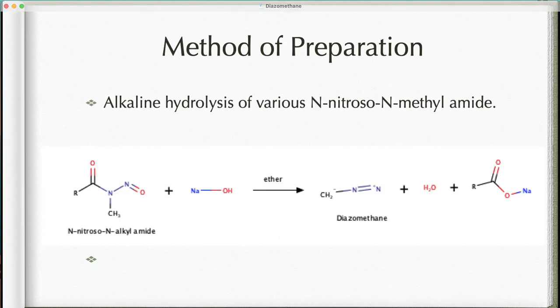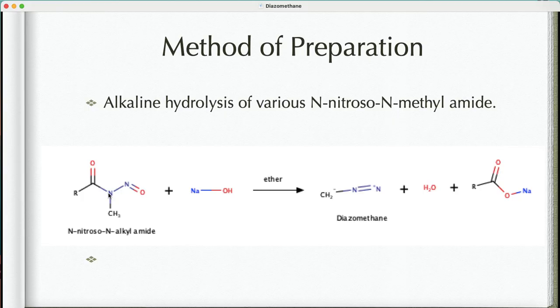Let us see the method of preparation of diazomethane. Diazomethane is prepared by alkaline hydrolysis of various N-nitroso N-methyl amides. An amide has the formula R C double bond O NH2.